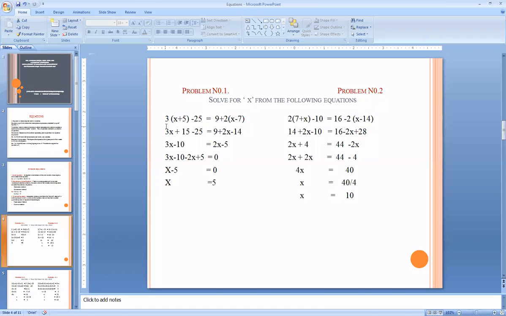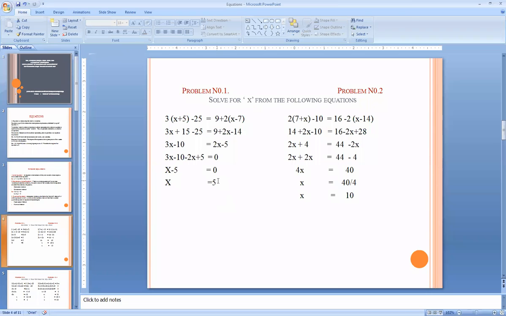So here you should keep in mind, when you are going to calculate the value of things in case of an equation, we have one side, the left hand side, and another side called the right hand side. When you see this slide, x is on the left hand side, 5 is on the right hand side. And you should always remember the conditions in case of addition and subtraction. When values move from left hand side to right hand side, plus values will become minus, minus values will become plus.